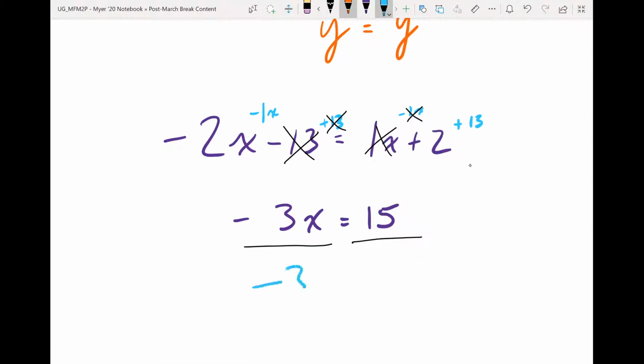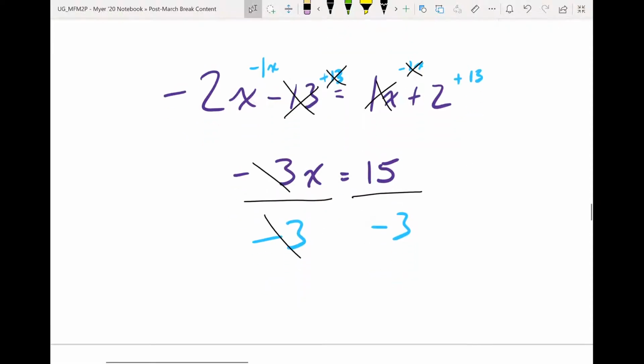Both of them, exactly. Very good. Divide both sides by the same, right? So we have negative 3 divided by negative 3 is just 1. So that gets rid of that. Yep, and then x is 15 divided by negative 3. So 15 divided by 3 is 5. And since this is positive up here, a positive divided by negative is negative.